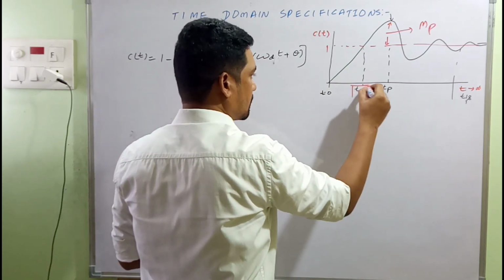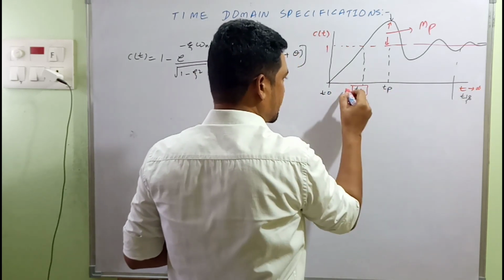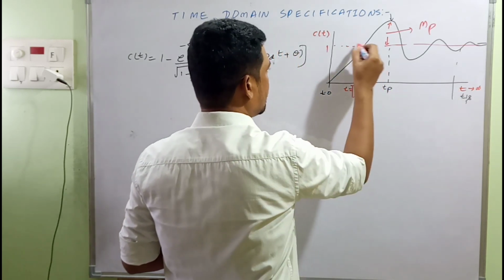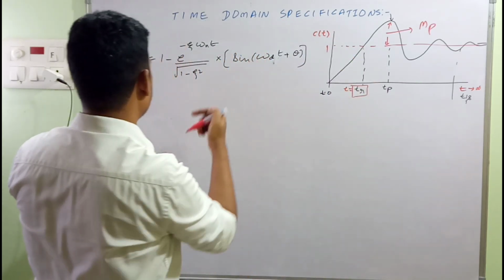Now, what about this one? These are the different values of t. At t = tr, c(t) will be equal to 1. That gives the definition for tr from the given expression itself.